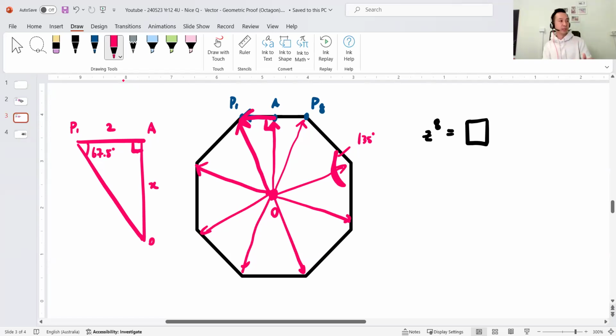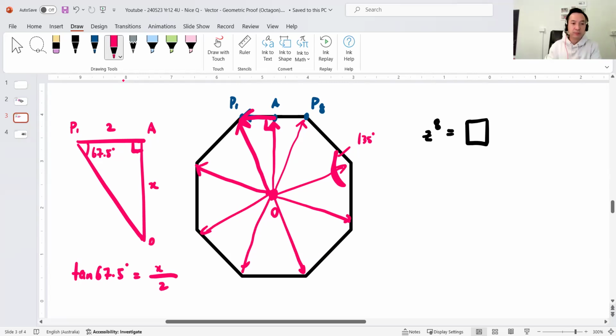I'll get OP later, but for now, let's deal with OA first, because I actually need that side for later. So, I'll show you why. 67.5 equals to X over 2.